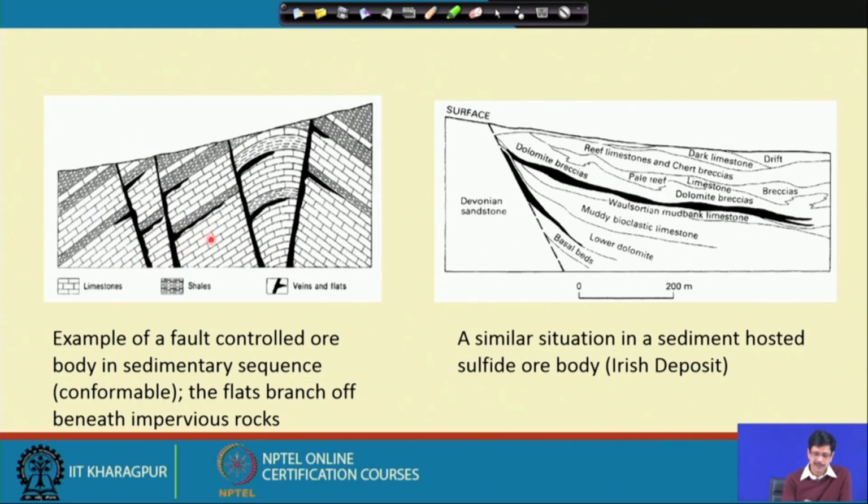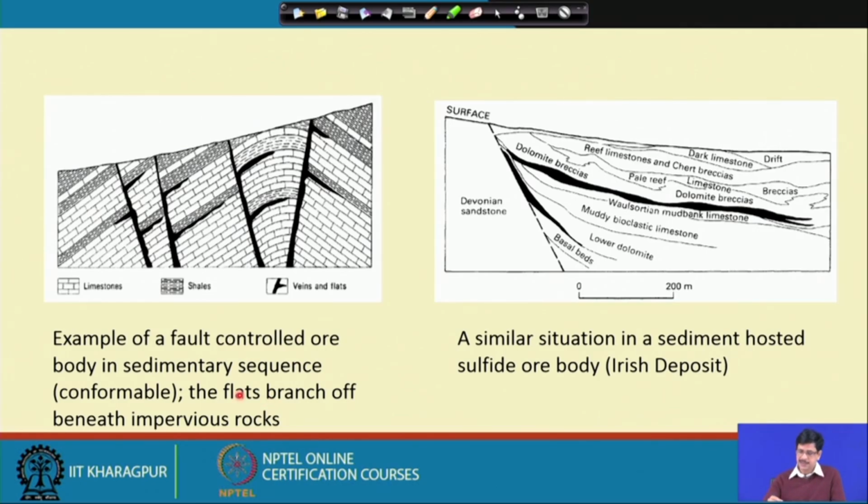For example, a calcareous rock serves as a rock through which fluid could move, whereas the shales are more impervious than the limestone. The deposition of ore minerals in this form has only happened where the fluid had a favorable channel way, although the main channel way has been the fracture or the fault. So this is an example of a fault controlled ore body.